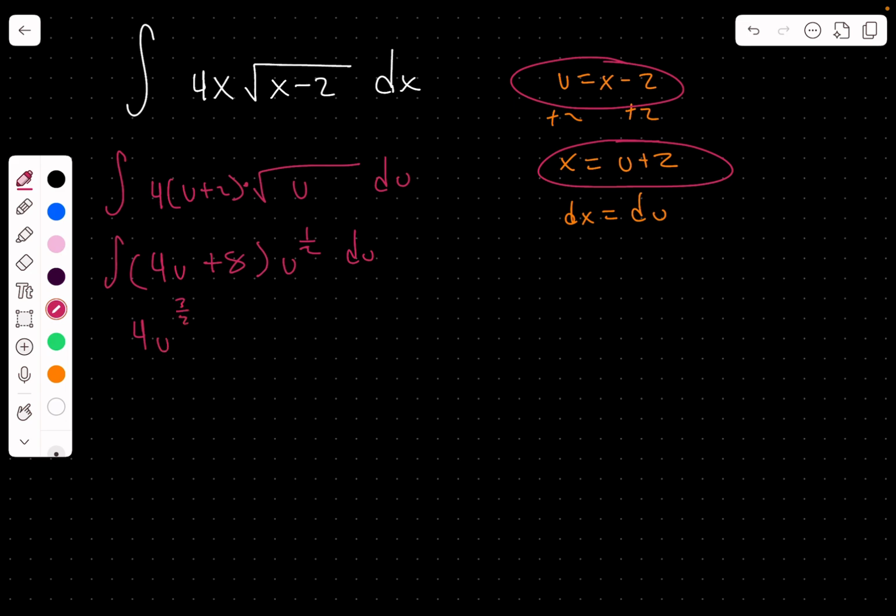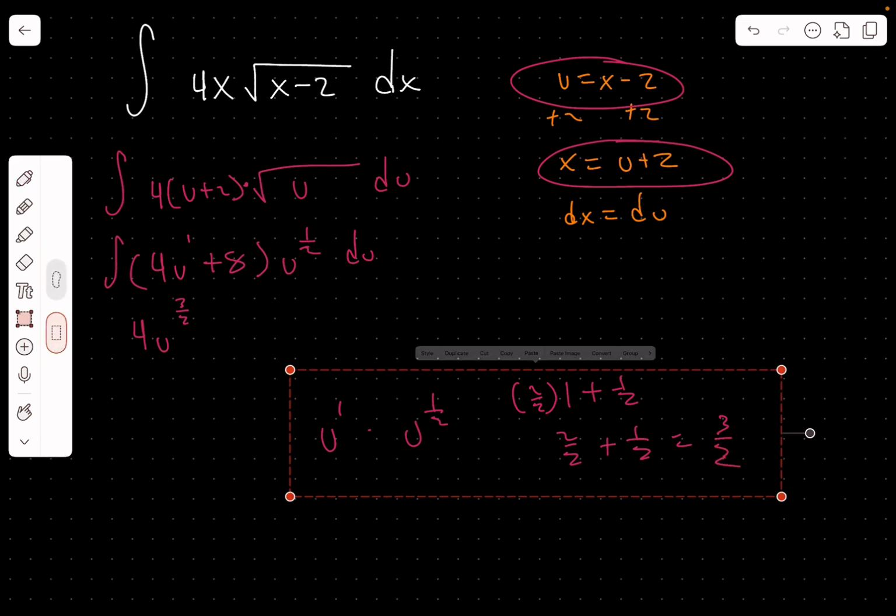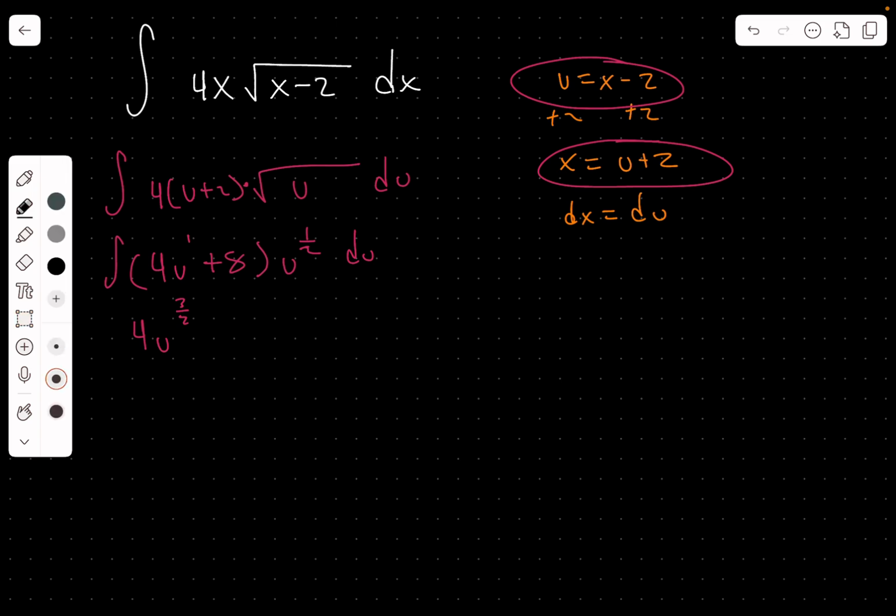Why? Because this u is raised to the power of 1. When you're multiplying two variables, you add the exponents. And when we add these exponents, 1 plus 1/2, we have to make it so that they have the same denominator. When we do that, we get 3/2. Just thought I'd show you that in case anyone's lost. Then this guy is super straightforward. And that is our rewritten integral.